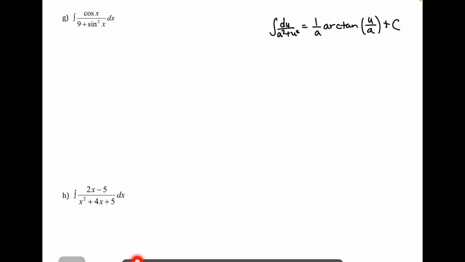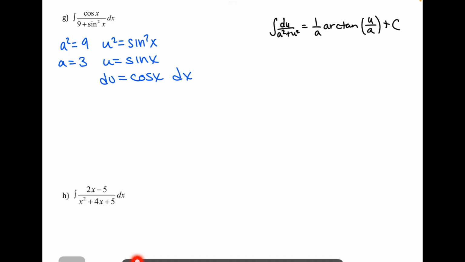Let's see what happens when we try to put this into that arctan pattern. I would say the a squared is 9, and the u squared is sine squared of x. So a is 3, and u would be sine x. Du, the derivative of sine x is cosine x, so du would be cosine x dx.